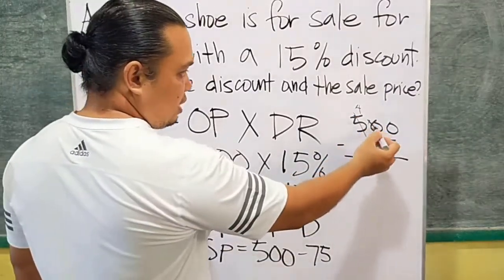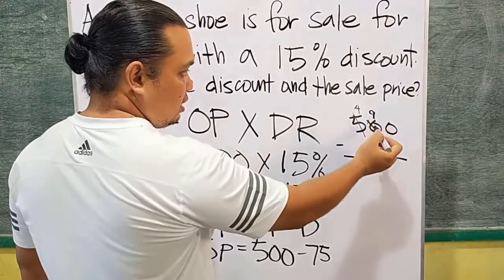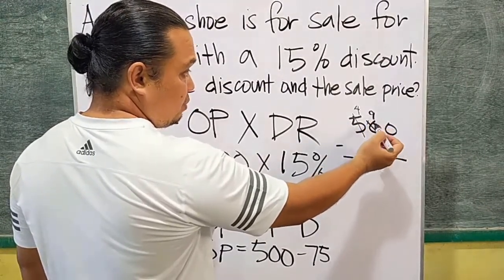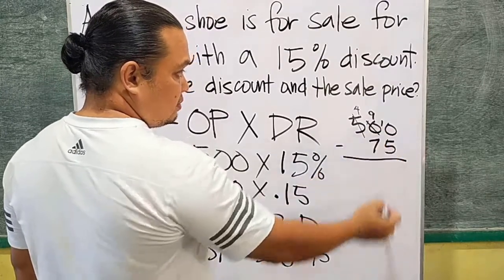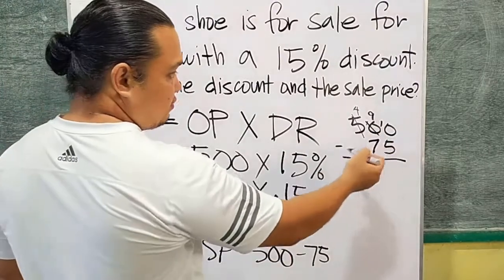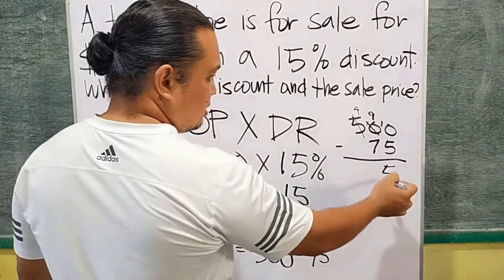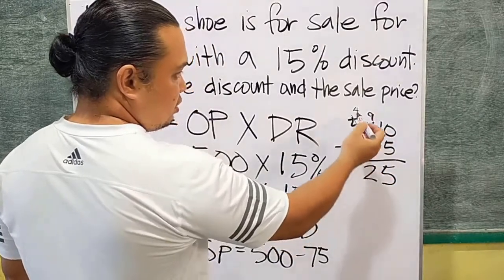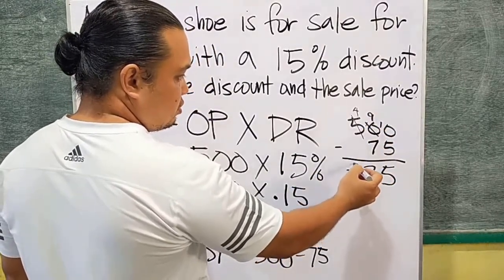Now 10 here will become 9, because we let it lend 2. 0 will borrow 1 from it. So 0 will become 10. Now we can subtract. 10 minus 5 is 5. 9 minus 7 is 2. And bring down 4. So we have 425.